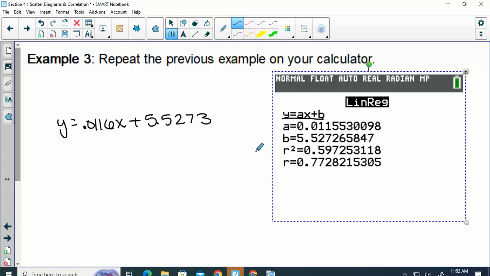That's the equation for the line of best fit. And that will always show up, but if your diagnostics are turned off, you won't have that R squared and R underneath. The linear correlation coefficient, that is R. So my correlation coefficient on this problem is what?